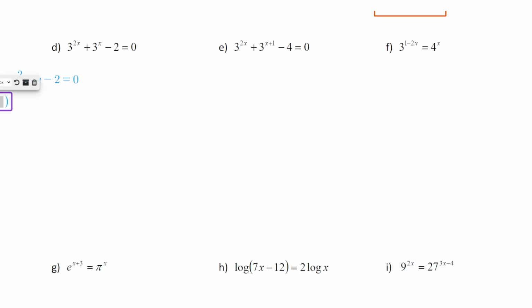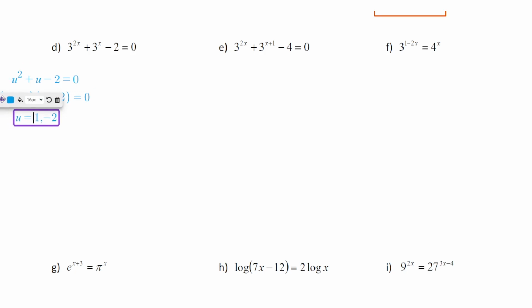Okay, so we can factor this as u minus 1 times u plus 2 equals 0. And this would result in u either being 1 or u being -2, right?